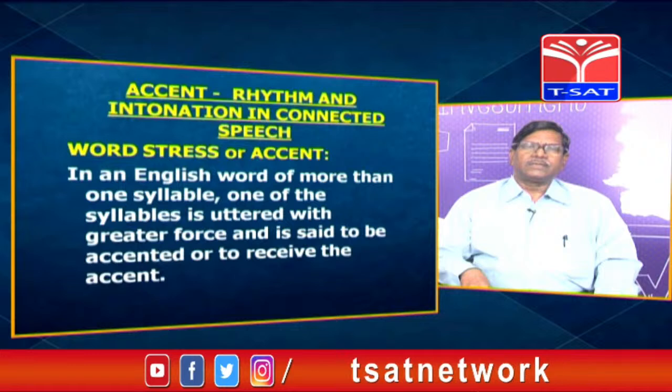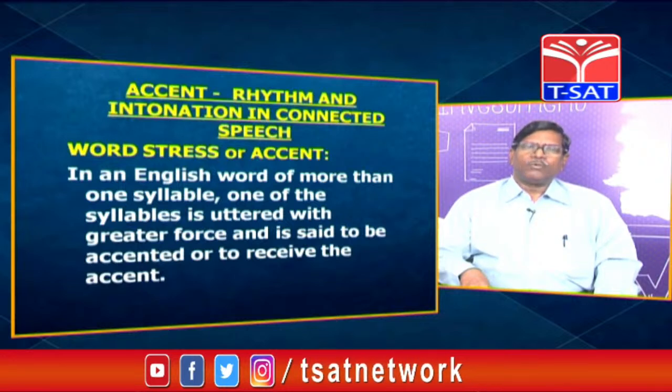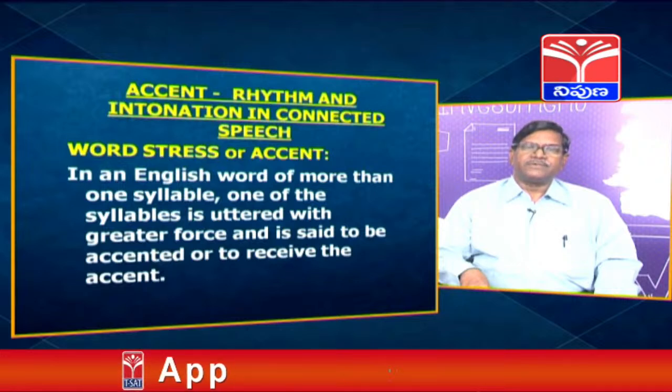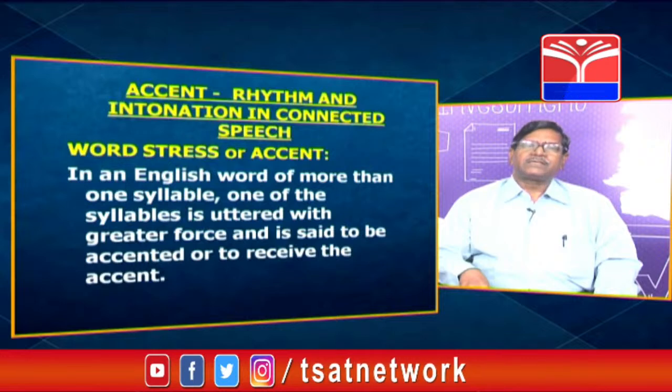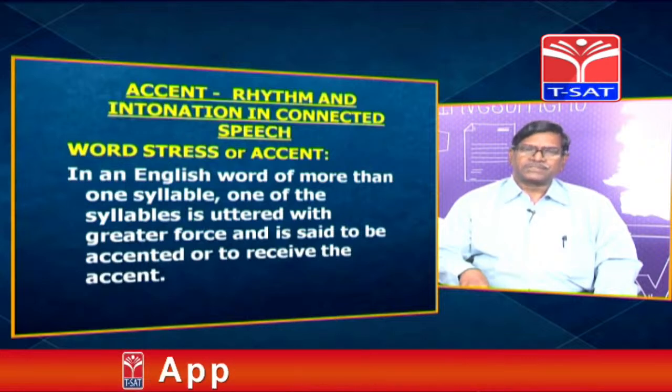In an English word which contains more than one syllable, one of the syllables is uttered with greater force and is said to be accented or to receive the accent. And the accented or stressed syllable is the syllable that gets a prominence and it is uttered with a greater force.